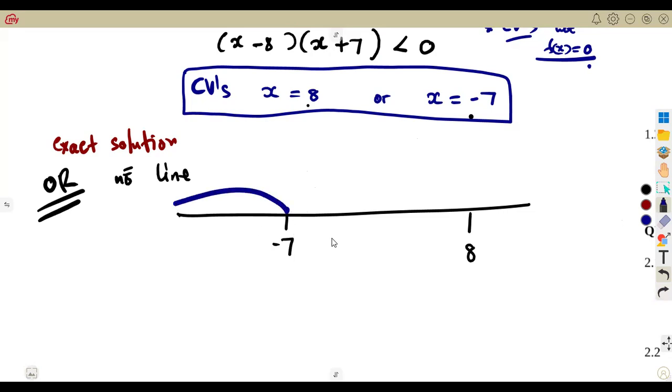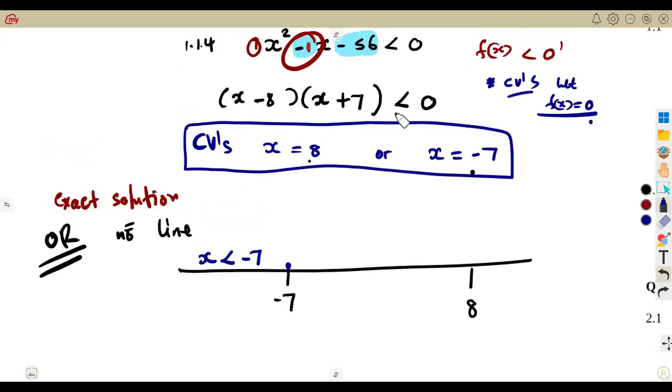These solutions, which are to the left side of the number, will be referred to as less than that number. So they are less than -7. I'm just using less than because our function there is just less than here. If there is less than or equal to, you also put that equal to there. But in this case, we do not have that one.